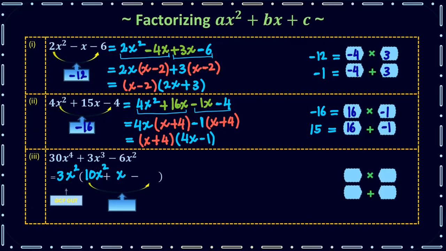We are left with x. You can just think of that as 1x. For the last term, -6x squared divided by 3x squared. -6 divided by 3 is -2. I already have the negative. X squared divided by x squared leaves you with 1. Basically, x squared has been placed outside.